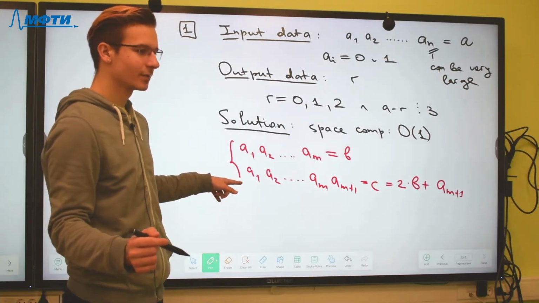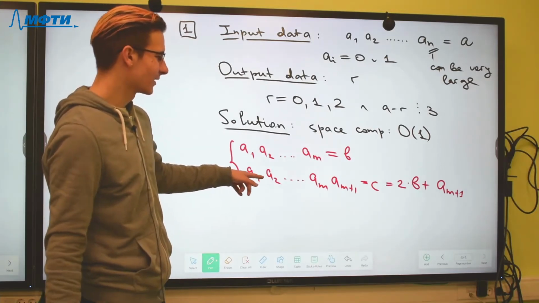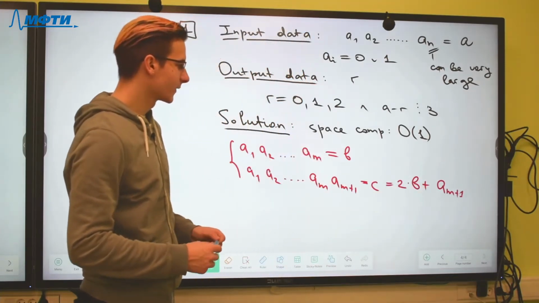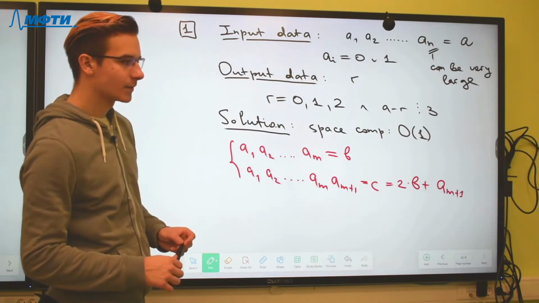Do you believe in it? Do you believe that c is equal to twice b plus a with index m plus 1 plus 1?